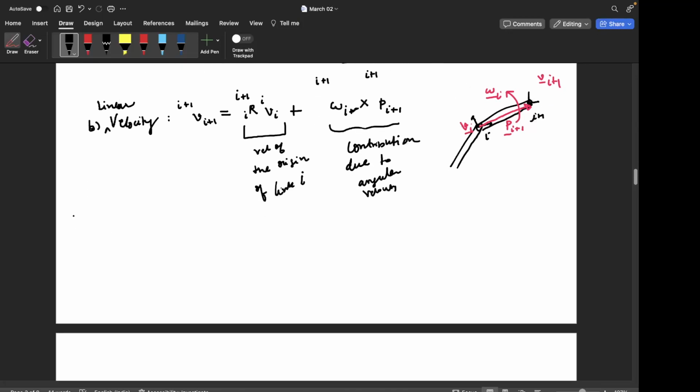The scenario you are describing is that there are three links, and only the first joint is moving.